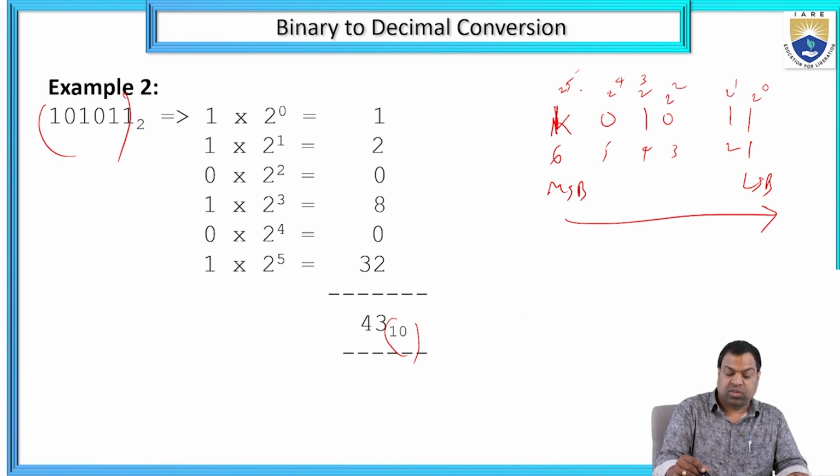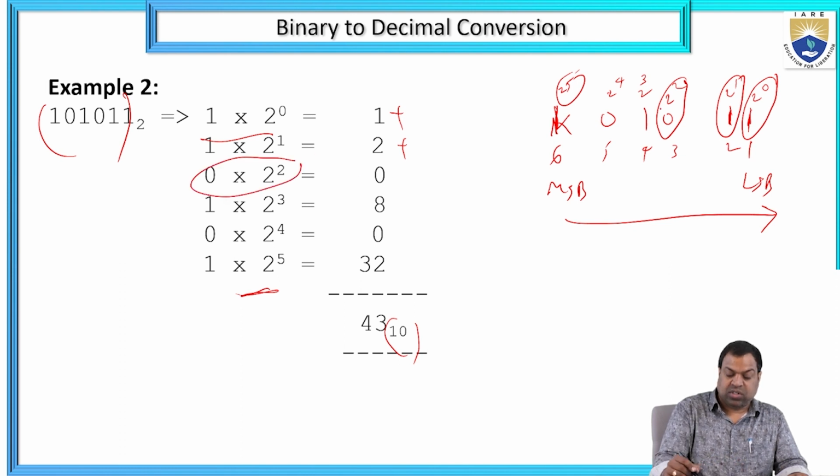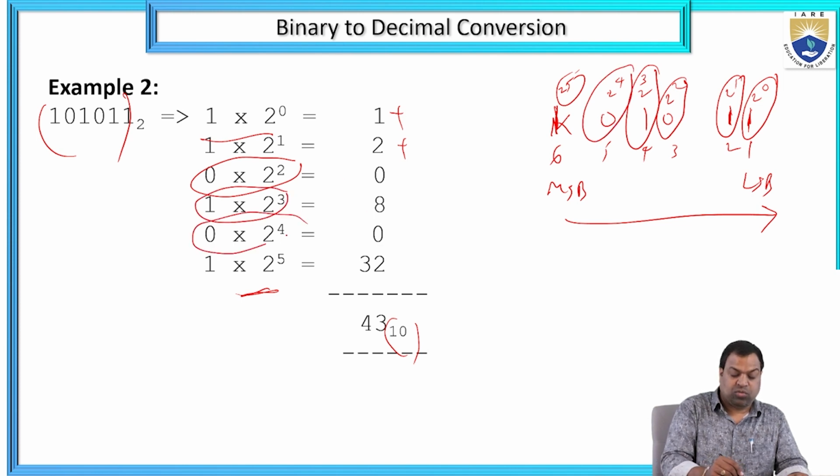So what is the process? 1 into 2 power 0, 1 into 2 power 1 plus 0 into 2 square, next 1 into 2 cube, 0 into 2 power 4 plus 1 into 2 power 5.